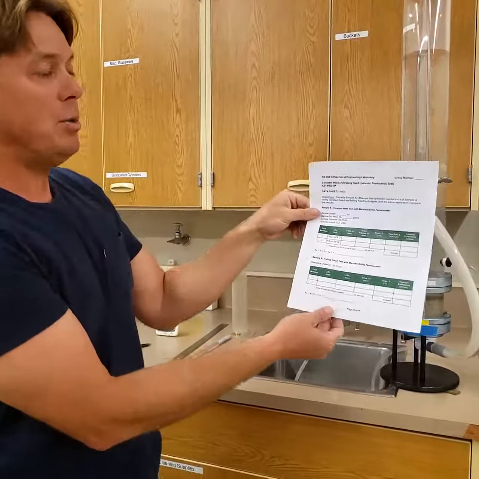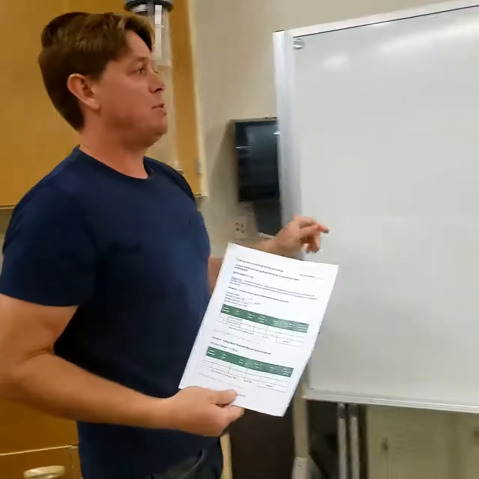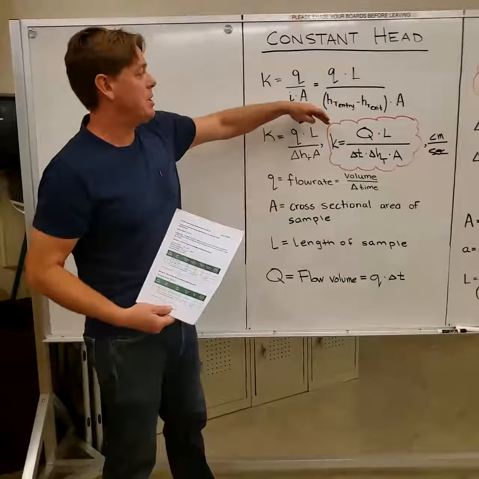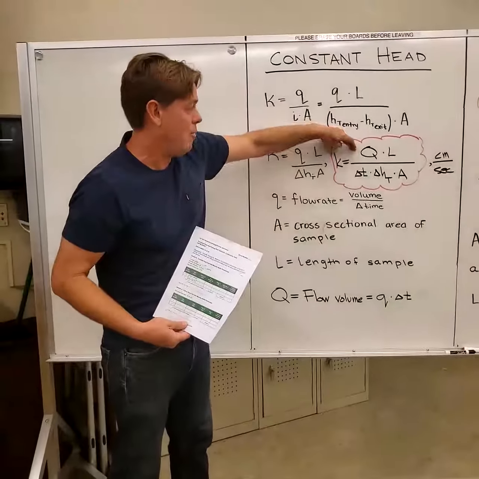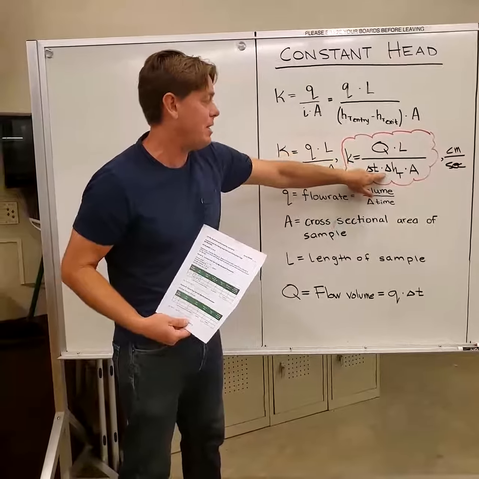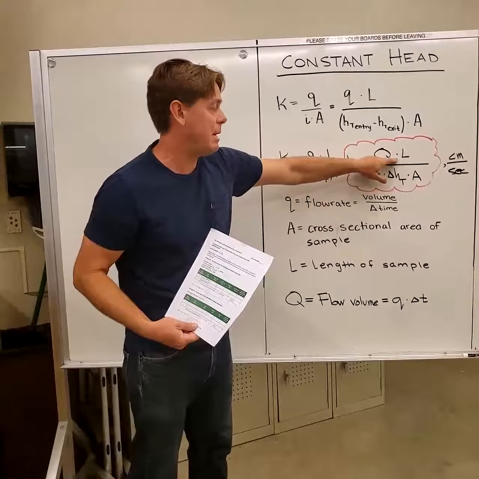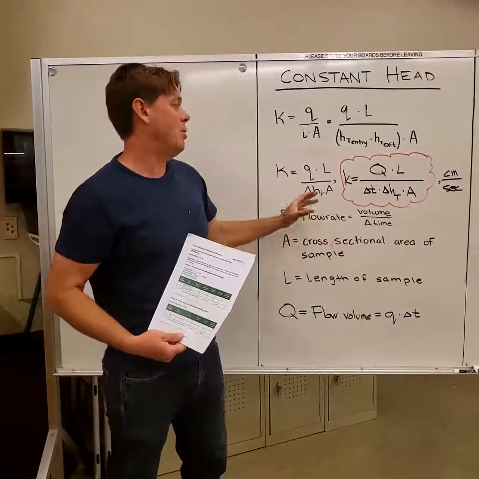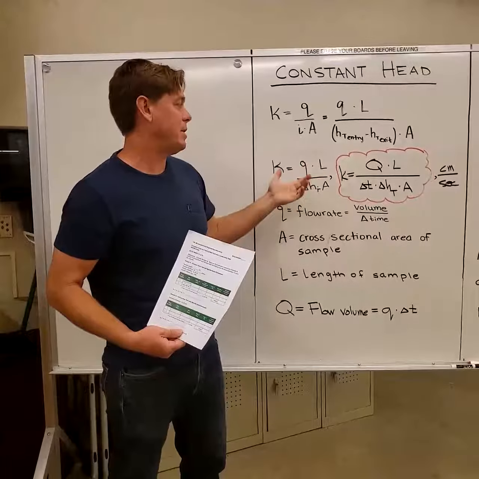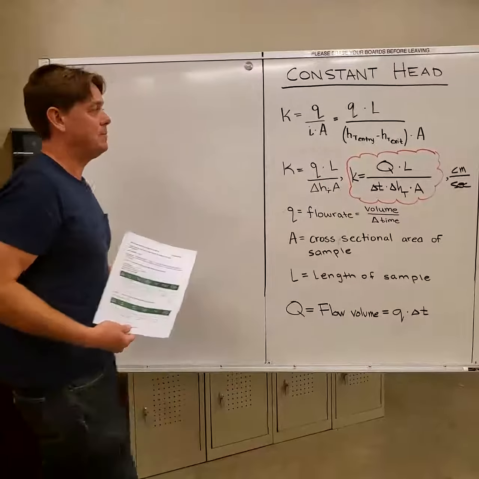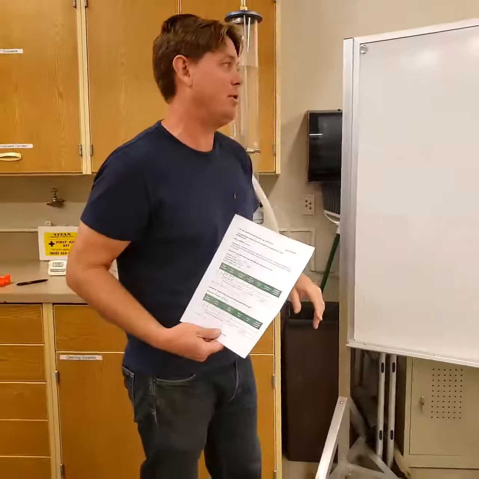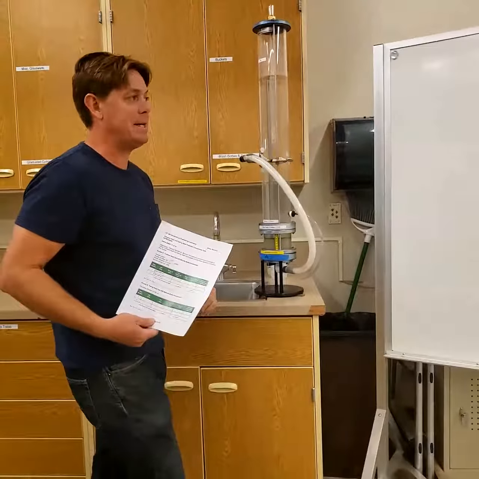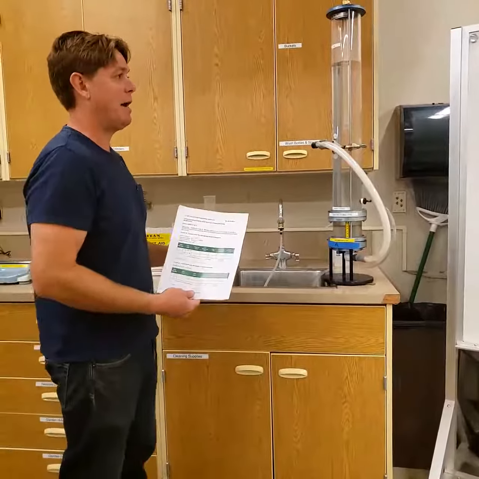So what we're going to do is a couple of trials. We're going to catch some flow volume over some time. We already know the head across the sample. We just talked about the length. You can calculate the area. And so with the equation, you can calculate K for that given flow, that flow volume, and the time it takes to acquire that volume.